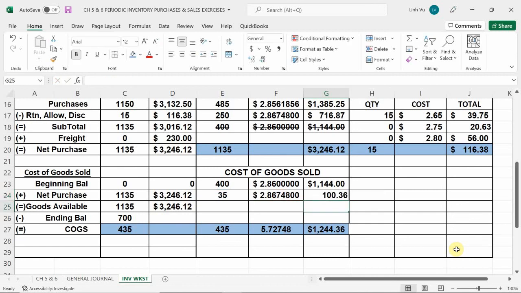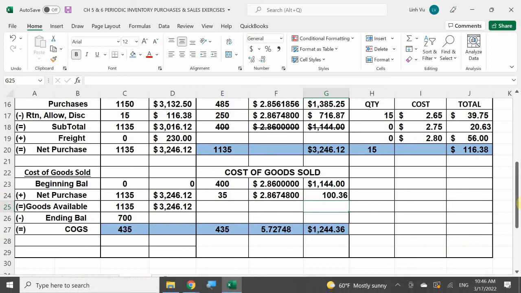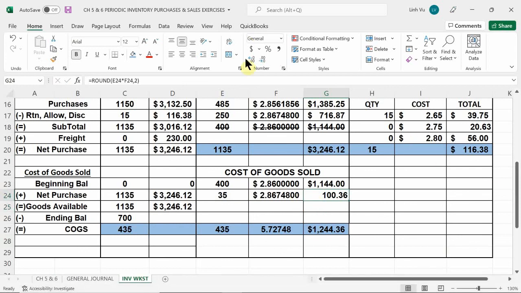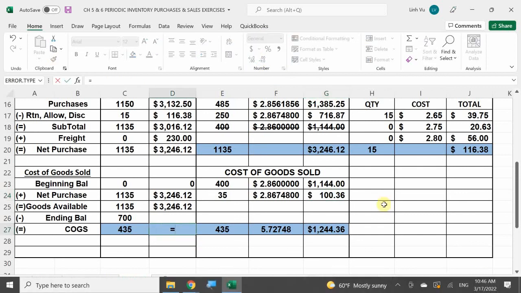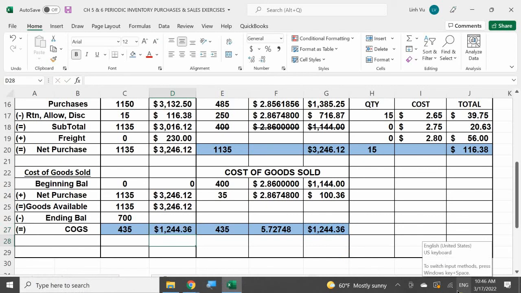$136. Good. So that gives me a grand total cost of goods sold of 1,244.36.